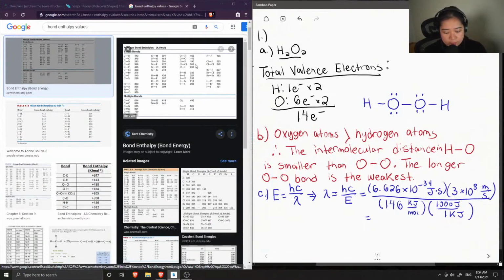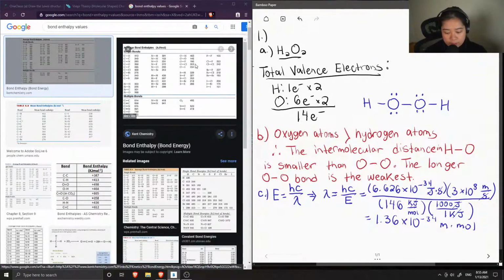So now if we multiply this through, we end up getting around 1.36 times 10 to the negative 34. And the units, if we see here, is meters times moles.